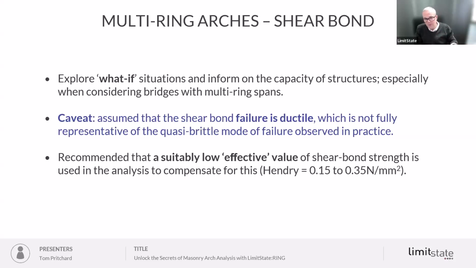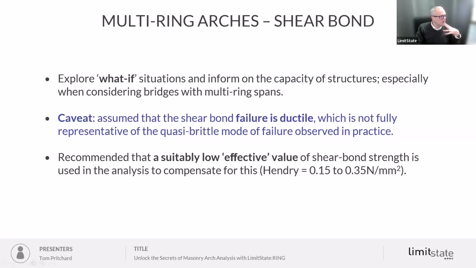To account for this, we recommend that you use a suitably low effective value for the shear bond strength. In the user manual, we reference Hendry, who suggests a value in the range of about 0.15 to 0.35 newtons per millimeter squared. This approach allows the analysis to remain realistic but somewhat conservative, while still benefiting from the flexibility of modeling this partial bonding strength.